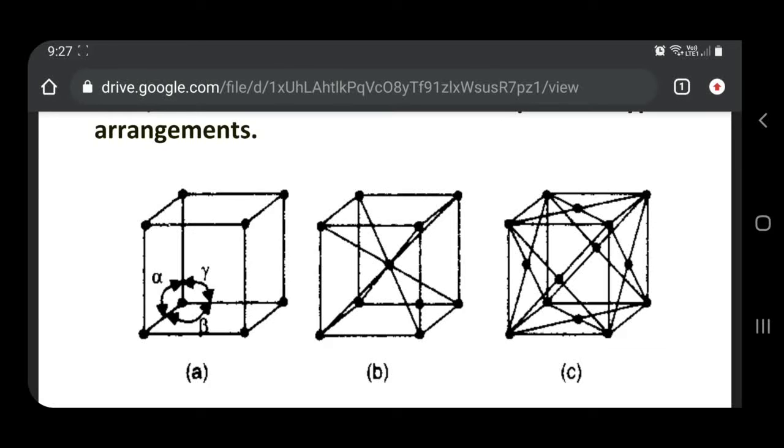You have atoms, molecules, or ions only at corners. So it is a primitive cell.